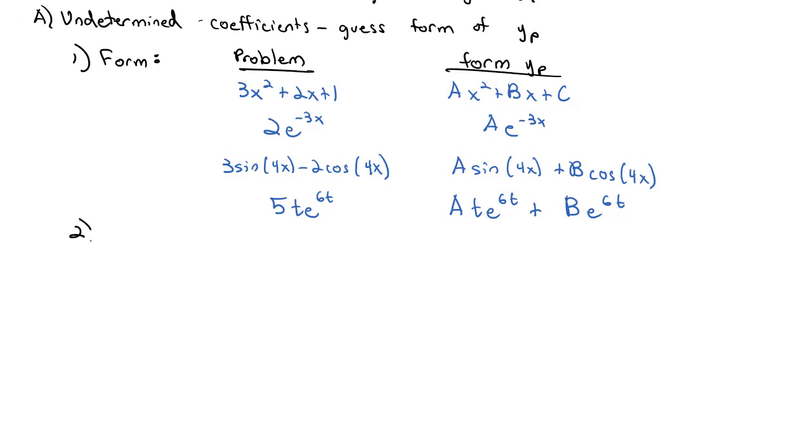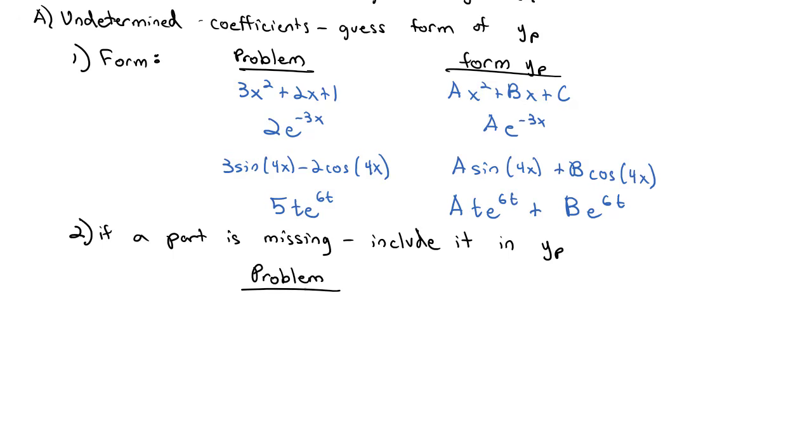One thing to keep in mind, though, is if a part is missing from the problem, you still need to include it in the form of y particular. So for example, if the problem maybe has something like 2x, what we don't have in the problem is the constant term, but in the form of y particular we need it, because polynomials are going to count down from the x to the b.